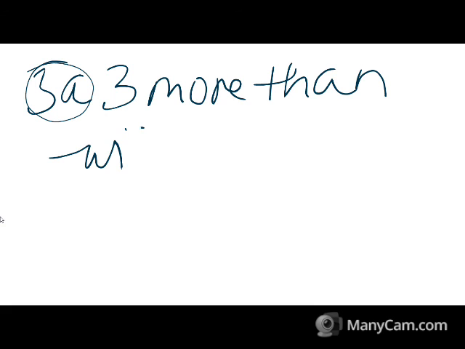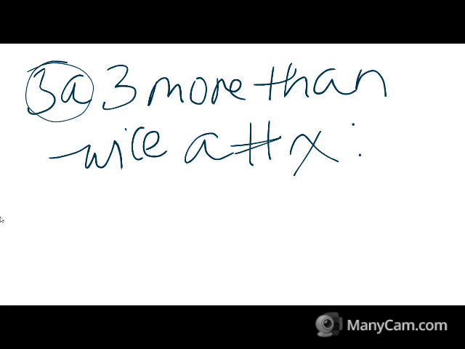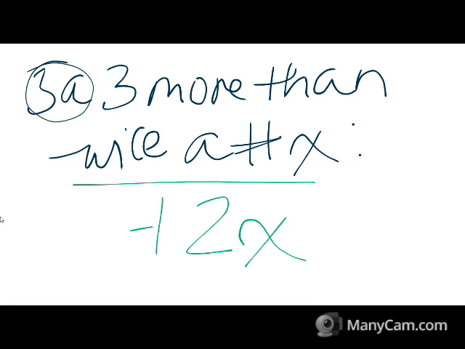Twice a number x means that you're going to be doubling. So we have twice the number x, and it's 3 more than, so you're simply adding 3. Because addition is commutative, which you're going to learn later, you can write it either 2x plus 3 or 3 plus 2x. Make sure 2x goes into your blank.